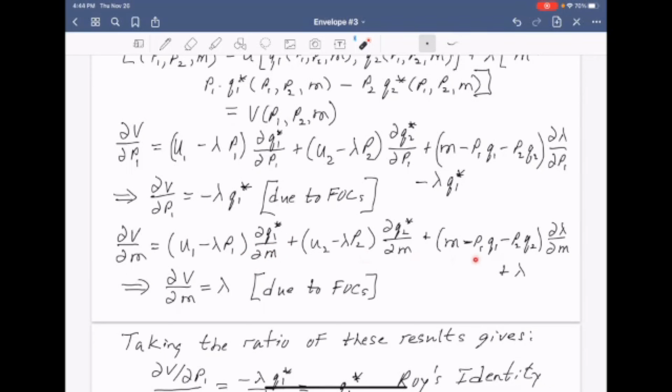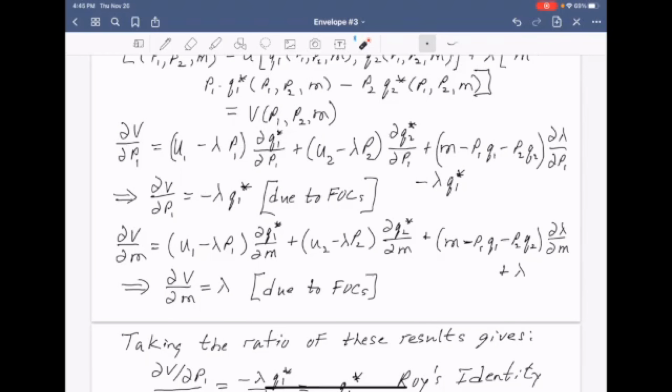And we see that it comes out like this, and we also end up with this lambda here. But again, this term, and this one all go to 0. So in the end, the partial of V with respect to M is equal to lambda due to those first order conditions.